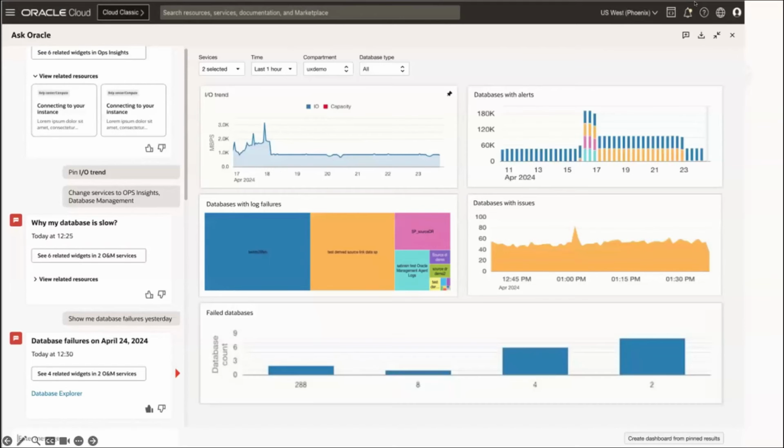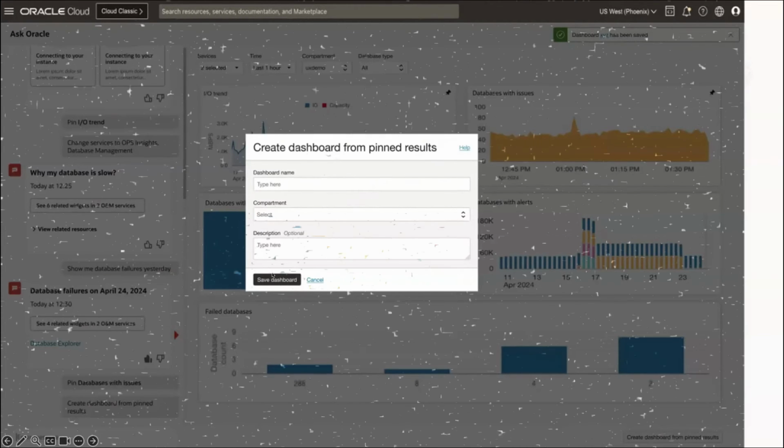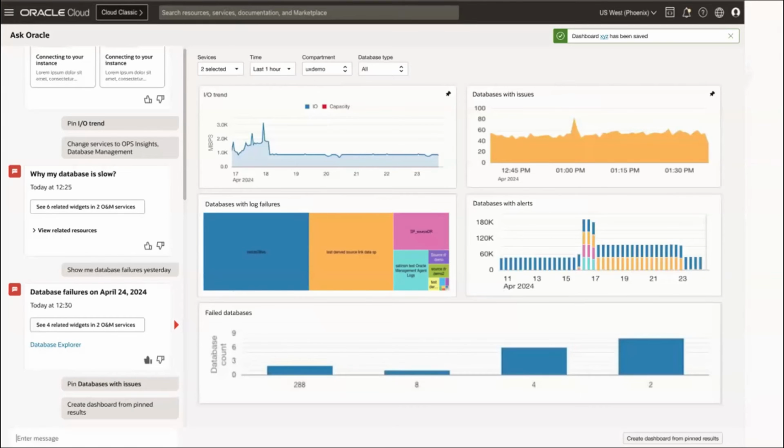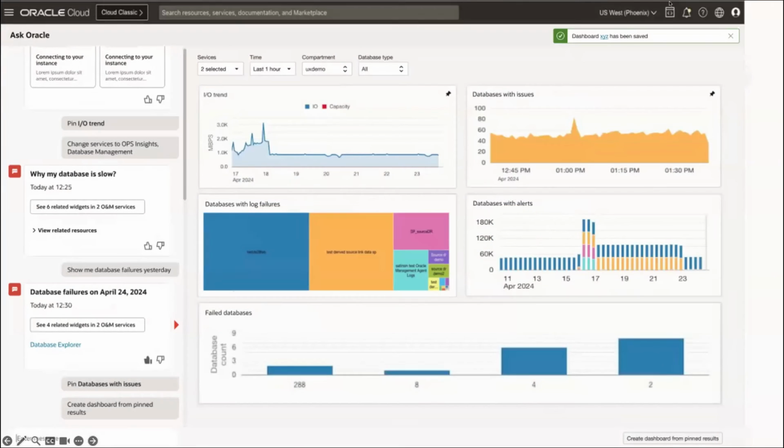If I go back, we have this capability of clicking this save button that lets you type in the dashboard name, the compartment where you want to save this dashboard, and any description around it. You can do that and save this dashboard and utilize it for your future uses within observability and management services. You can see over here on the top, the dashboard XYZ has been saved in this case.